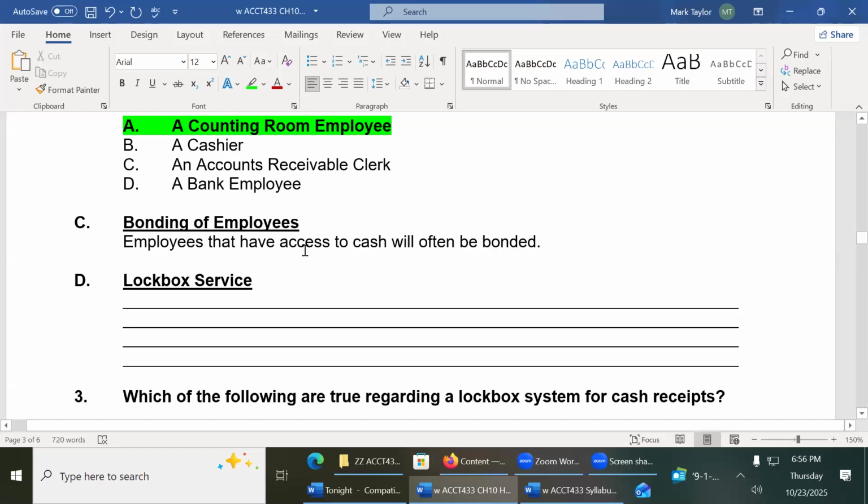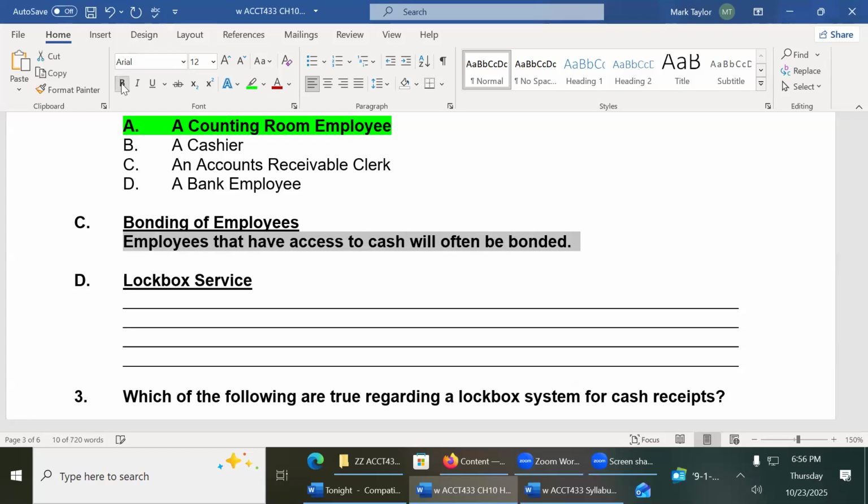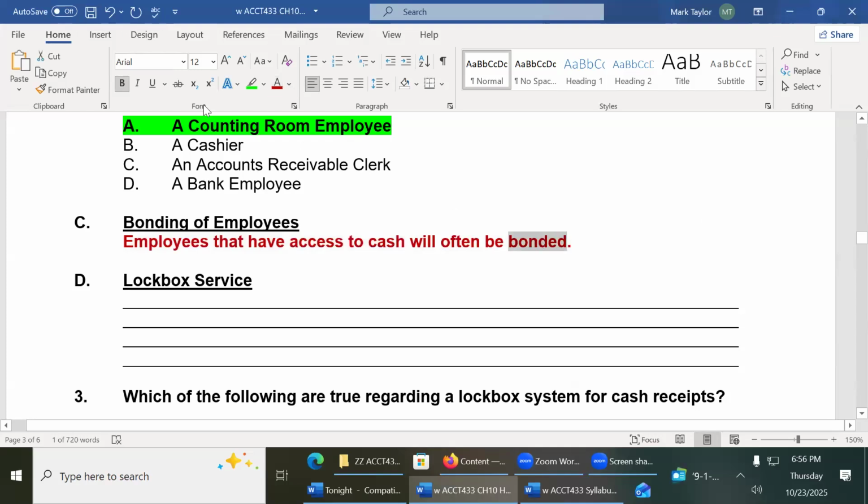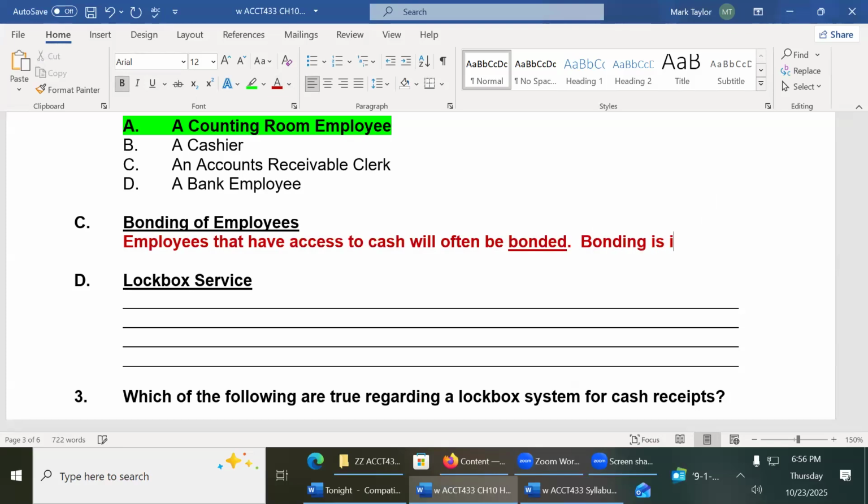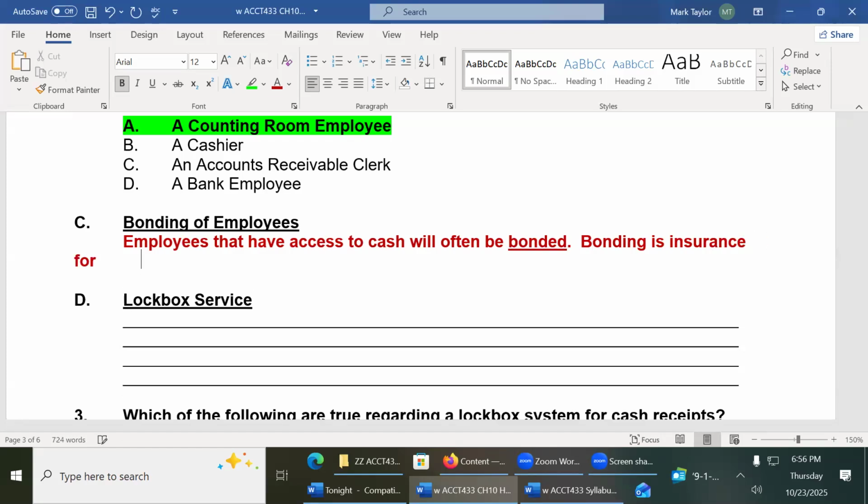All bonding is insurance for the thefts of cash. A bonding company is just an insurance company. The bonding is for specific employees.